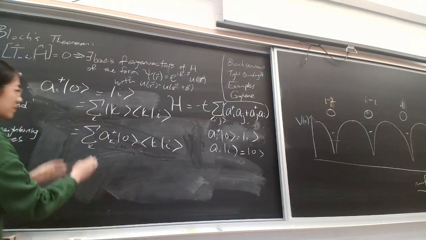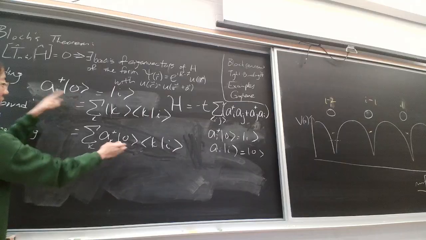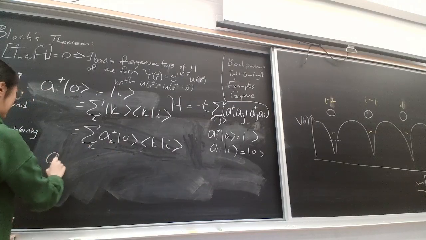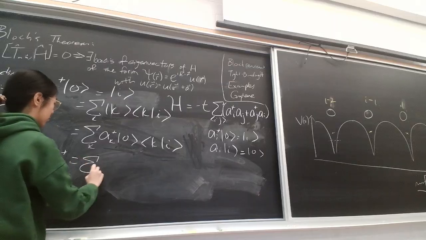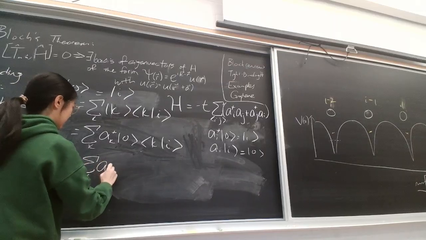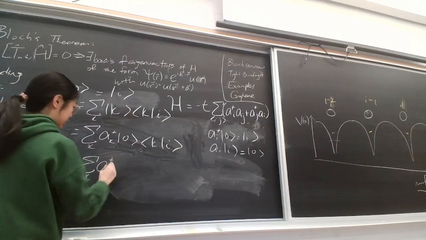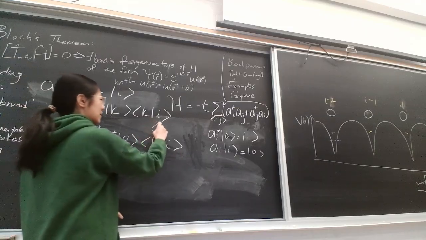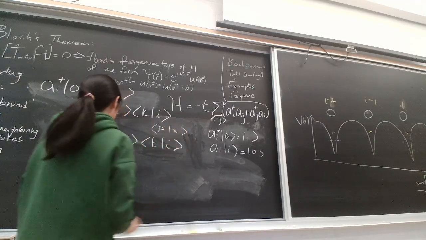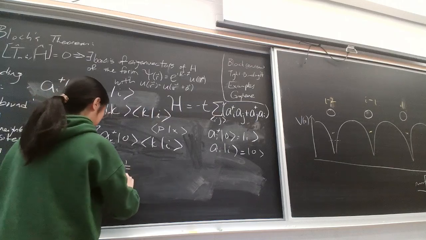This is just a number. These are acting on the same vacuum state. So then we have that the position space creation operator is a sum over K of the momentum space creation operator with this factor here, which is basically like P of x, which is 1 over root.